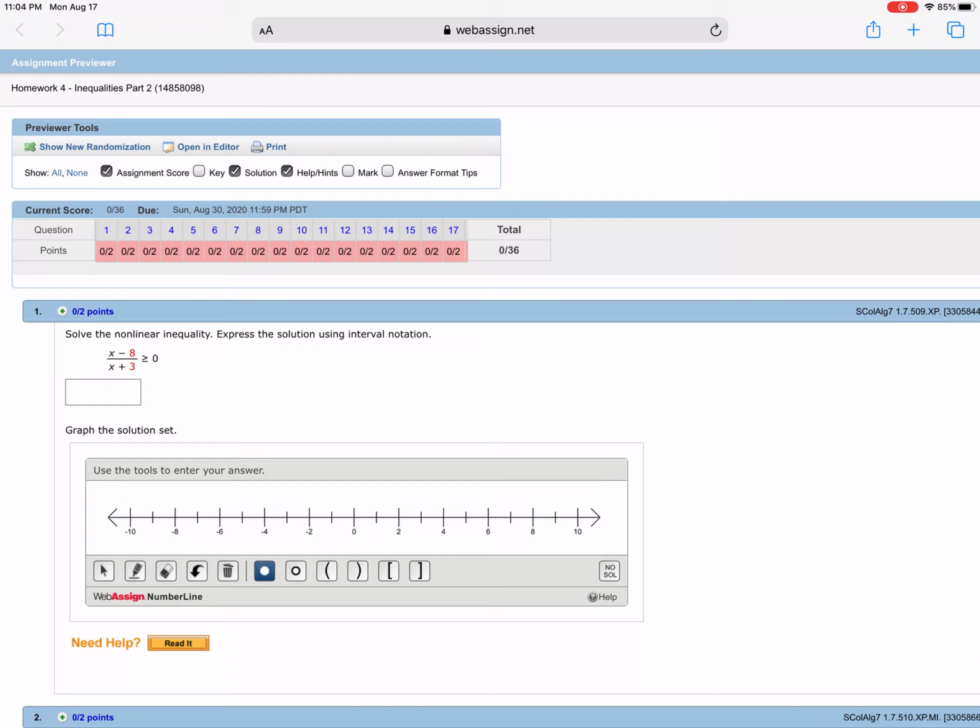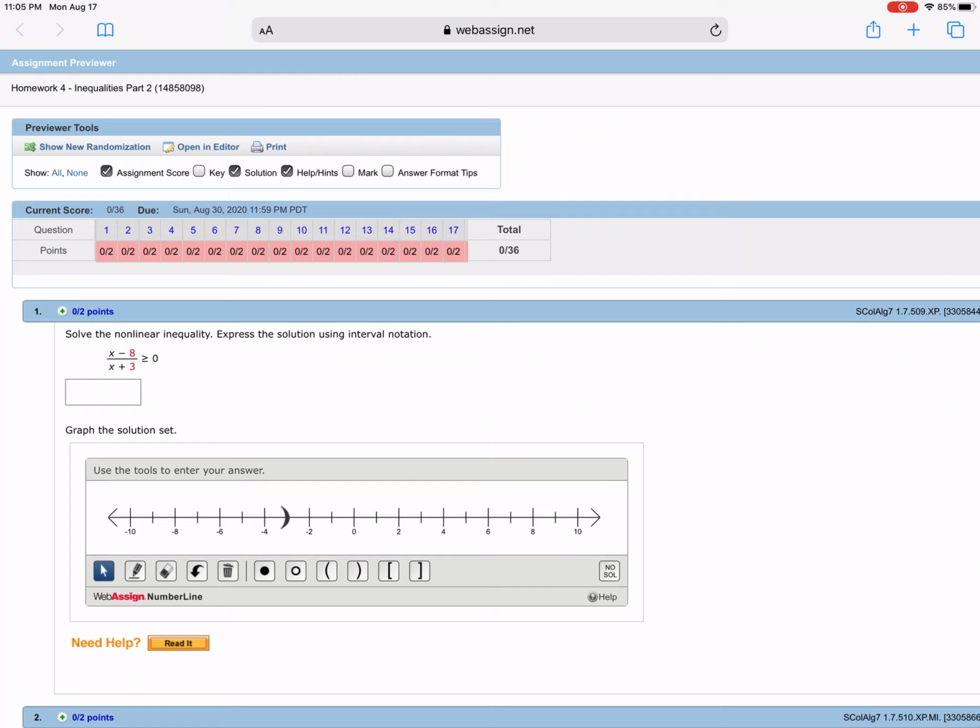We want to take everything up to -3, not including -3. You can see that you can choose open circle, closed circle, parentheses, and brackets. I personally like to choose parentheses here, but you can use an open circle to indicate that you're not including. We're then going to put it at -3.